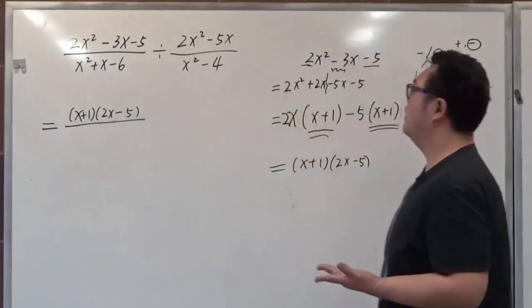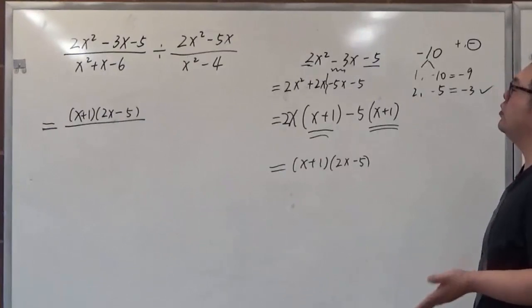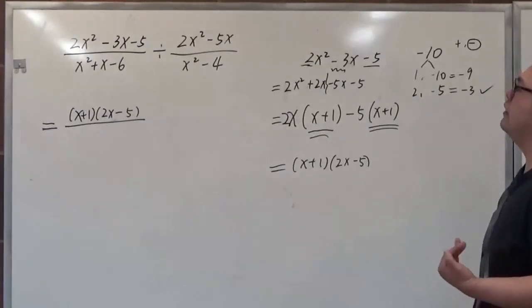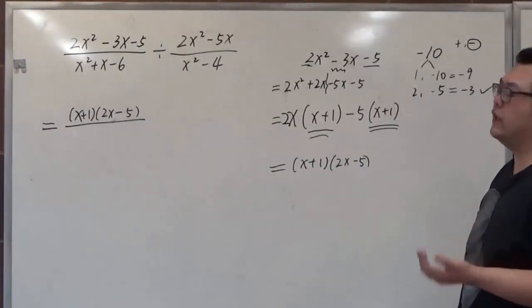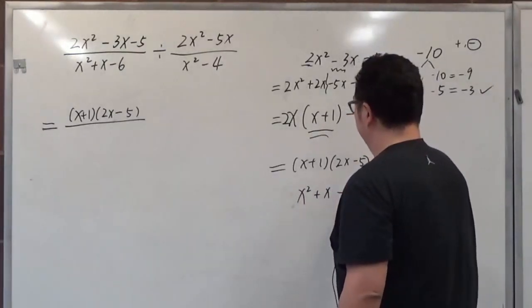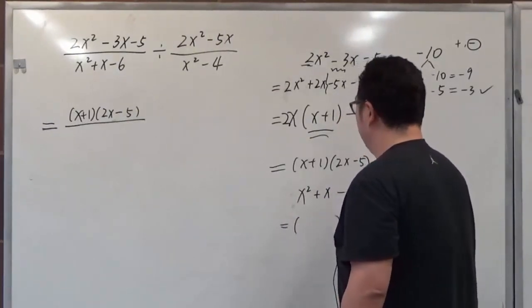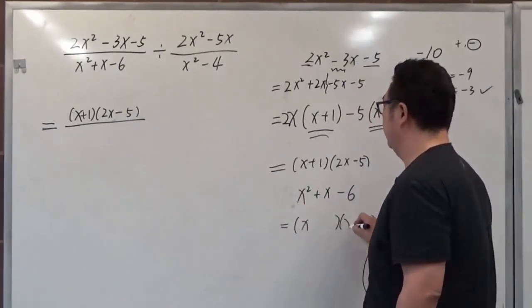Then the denominator, similarly, we have x squared plus x minus 6. In this case, we do not have to use the AC method, which makes it easier. Obviously the x squared can only be factored as x and x.